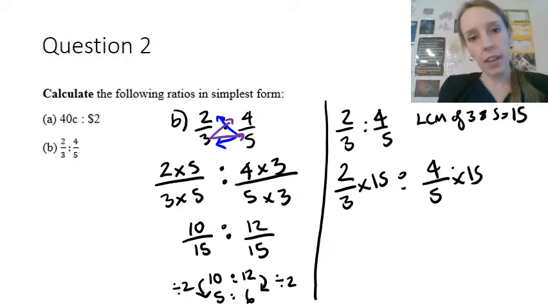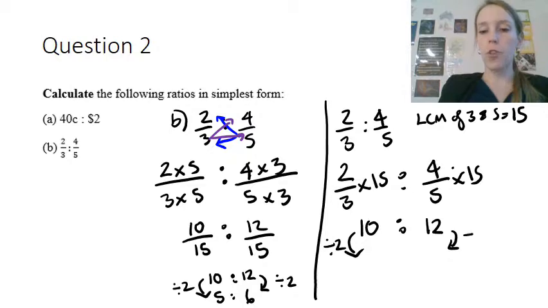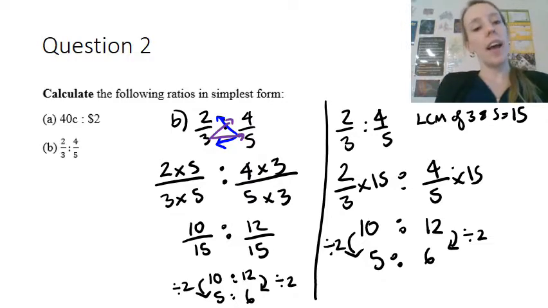If you're using your calculator, you type 2 divided by 3 times 15, and that will give you an answer of 10. 4 divided by 5 times 15 will give you an answer of 12, and then you can simplify from there. So again, dividing them by 2, because that's the highest number they can both be divided by, which is 5 to 6. As I said, pick which one makes more sense to you and use that method.